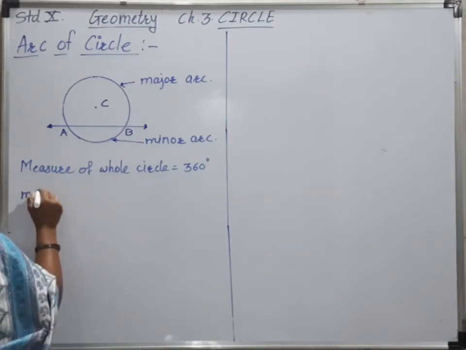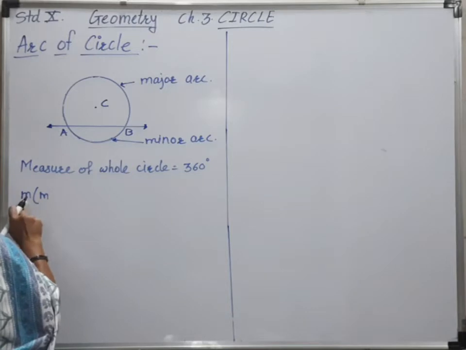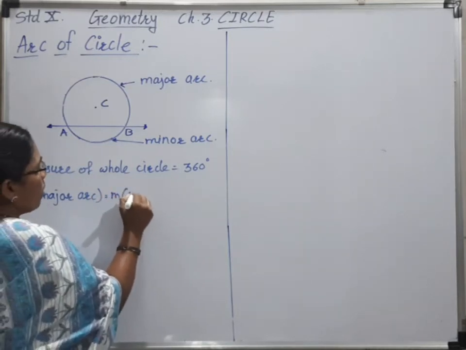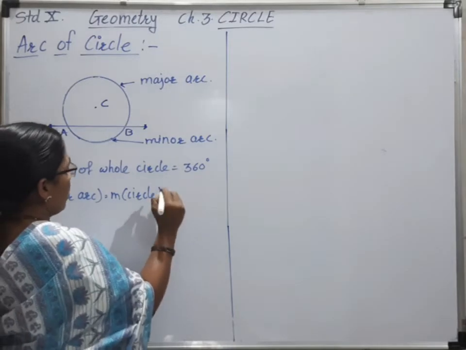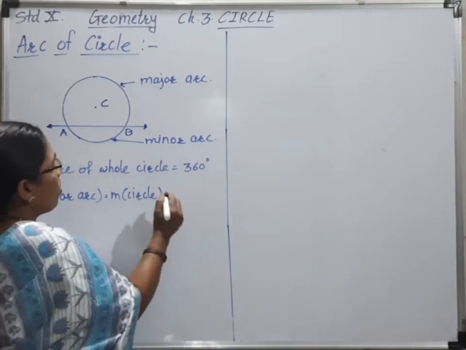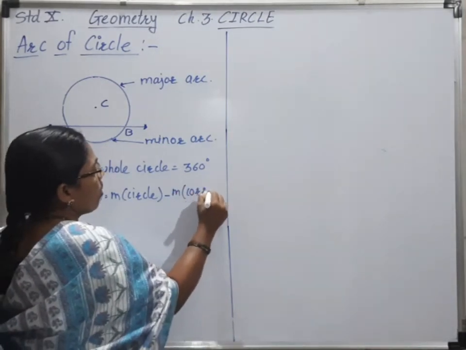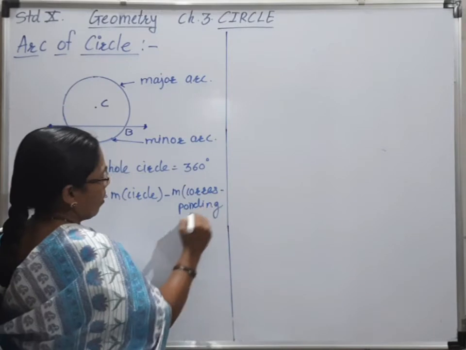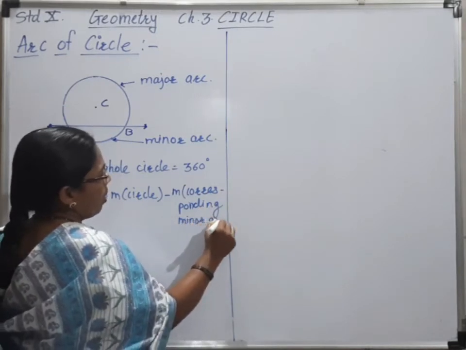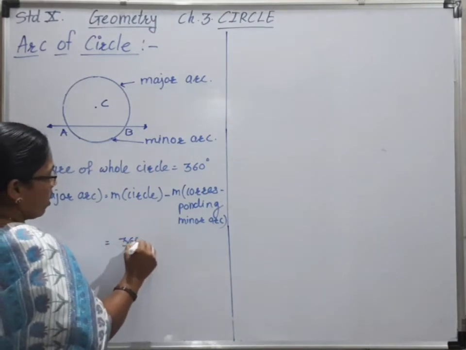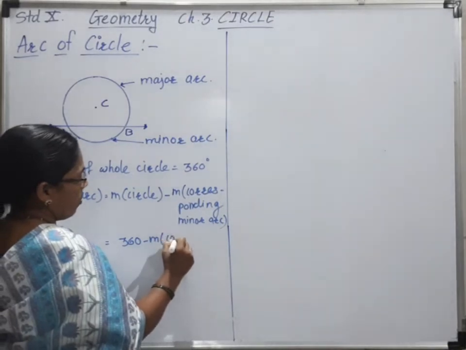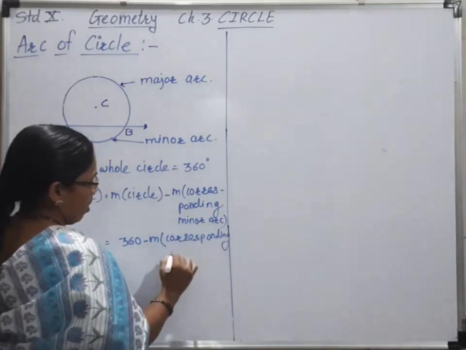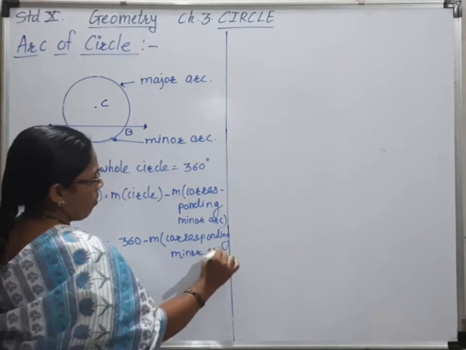So the measure of the major arc is equal to the measure of the circle, which is 360, minus the measure of the corresponding minor arc.